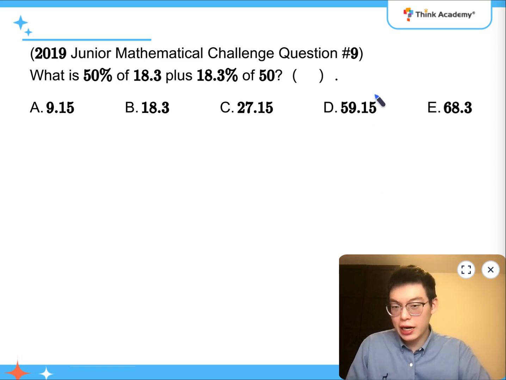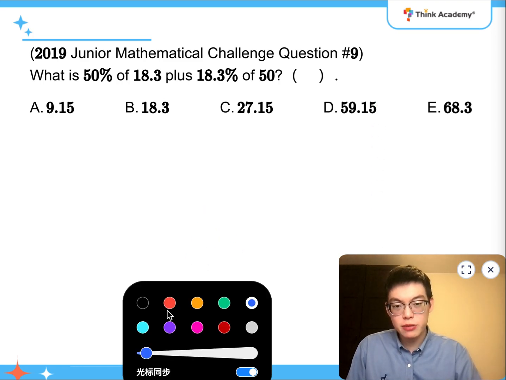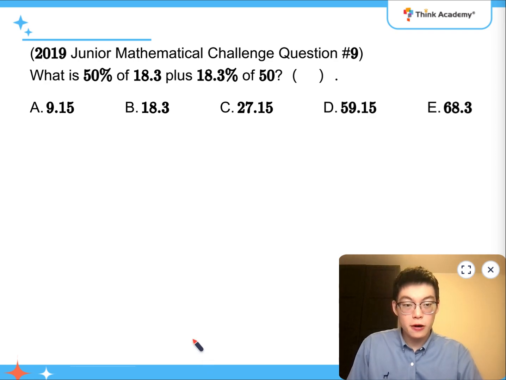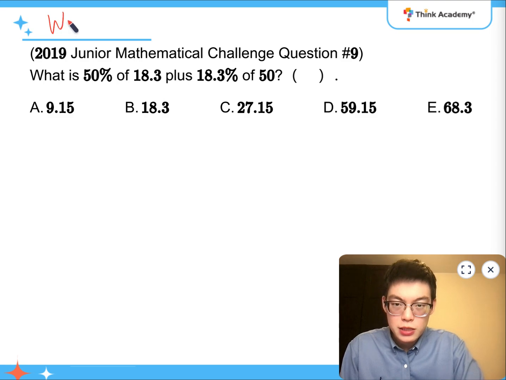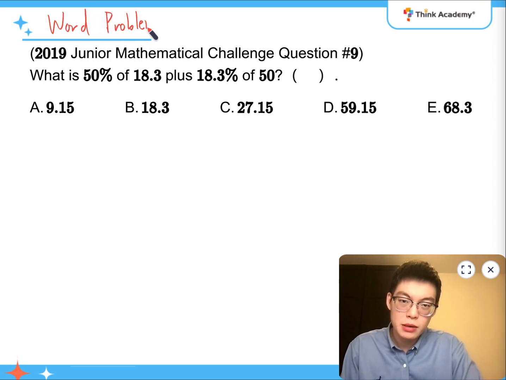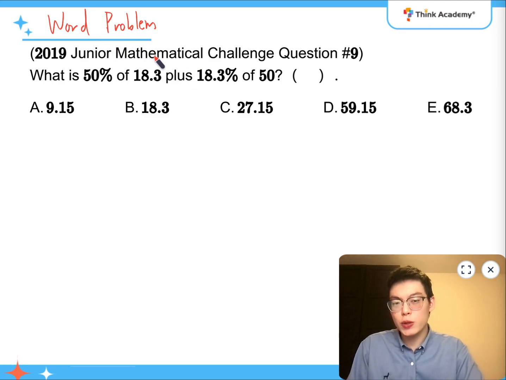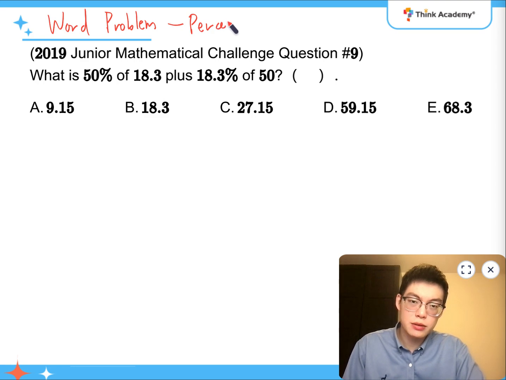And for question 9, this is actually a very interesting question because it is making use of an interesting property of percentages. So I would say it's kind of a word problem because it's not directly giving you the operations there, and it's going to be on percentages.